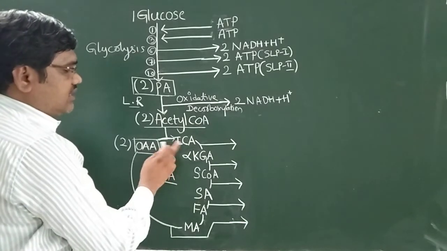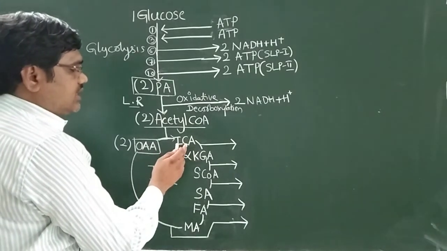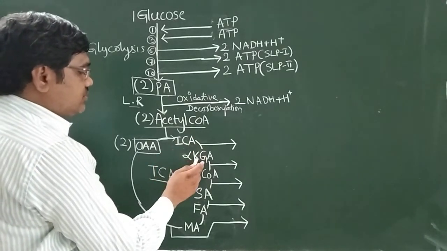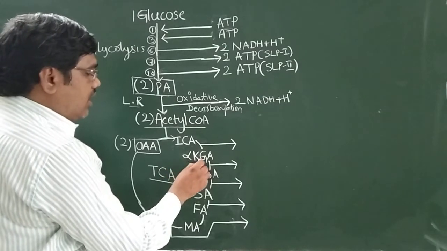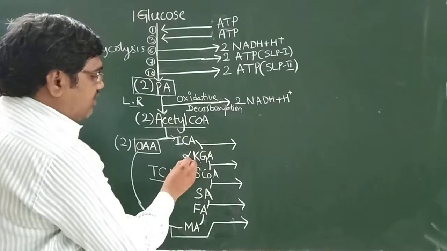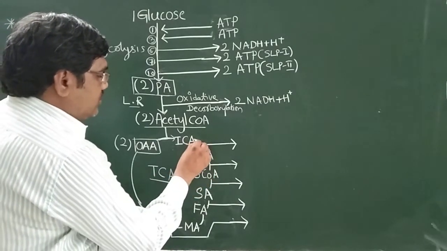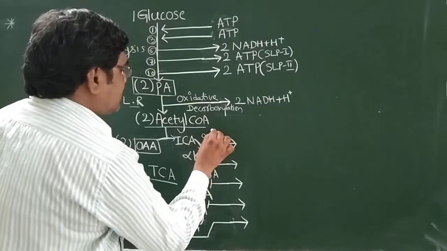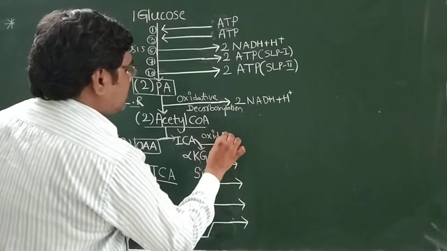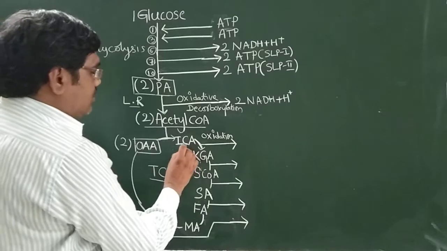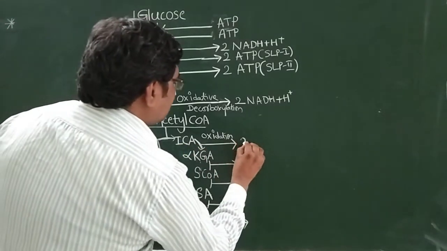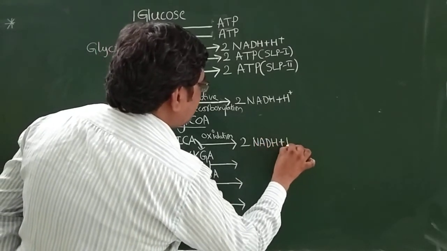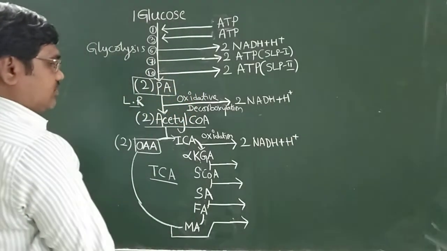That citric acid is converted into isocitric acid. Isocitric acid is converted into alpha ketoglutaric acid. During this reaction, one oxidation reaction occurs, and during this oxidation of isocitric acid, two molecules of NADH plus H plus are produced.